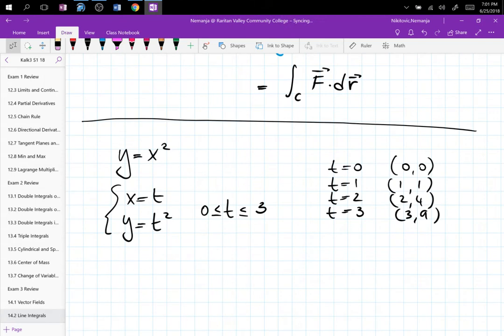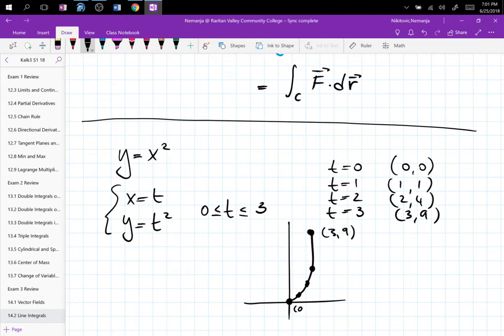What is the only part of the graph that you have? Nothing else exists other than that it starts at 0, 0 and shoots up and ends at 3, 9, with everything else in between. So 1, 1 and 2, 4. So you have your 0, 0. You have your 1, 1. You have your 2, 4.